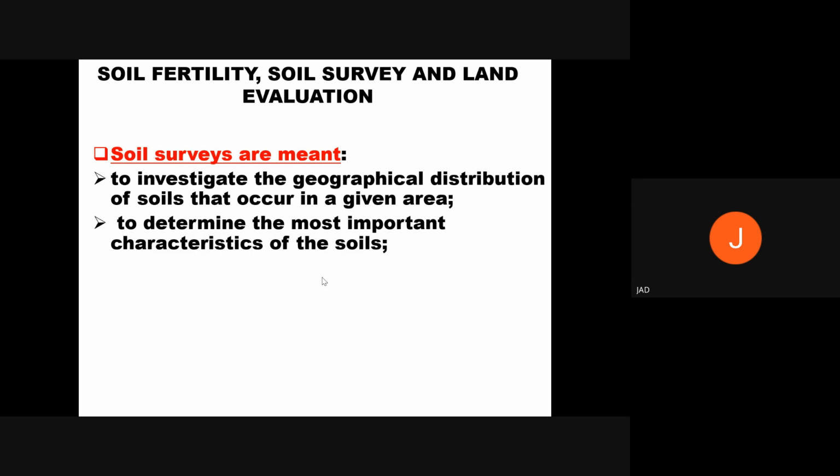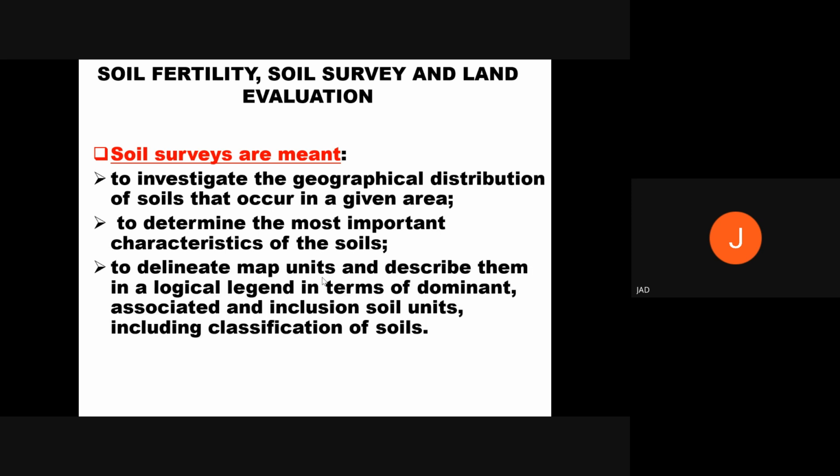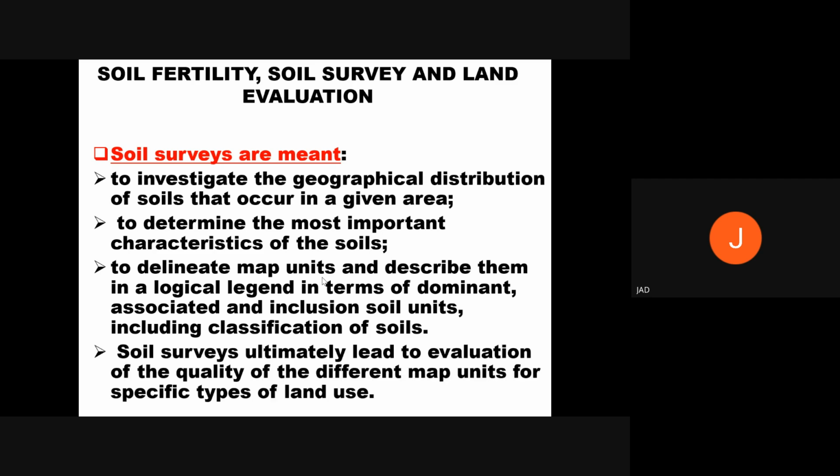To determine the most important characteristic of the soil, that is also okay, because it's not just location, but you also link that with the physical and chemical attributes to what? Delineate map units and describe them in a logical legend in terms of dominant, associated, inclusion soil units, including classification of soils. So how many points?